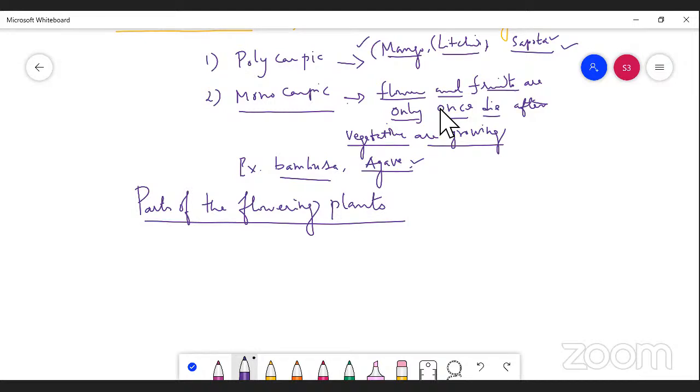What does angio mean? Angio means box, and sperm means seed. The seed-bearing, seed-covering plant is called an angiosperm plant.